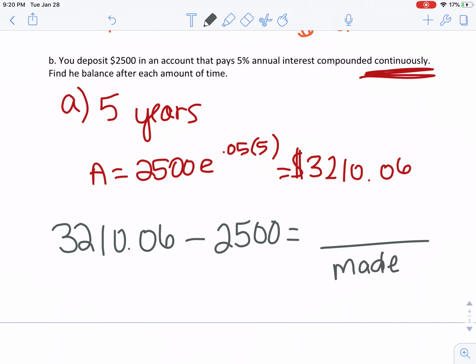So in this case, if I take $3,210.06 and subtract $2,500, that gives me $710.06. And that's how much money I made in those 5 years. The $3,000 was not how much money I made. That's how much money was in the account at the end.